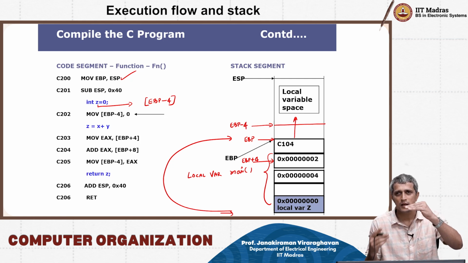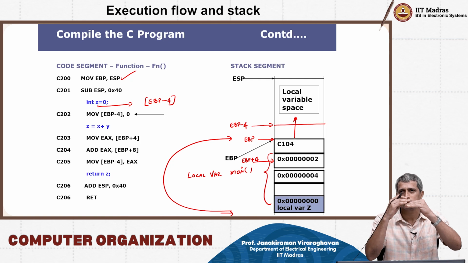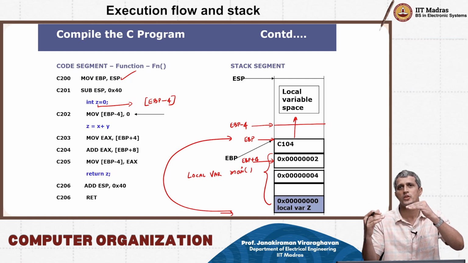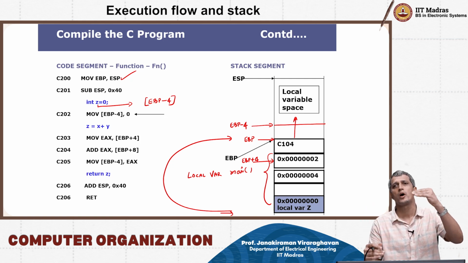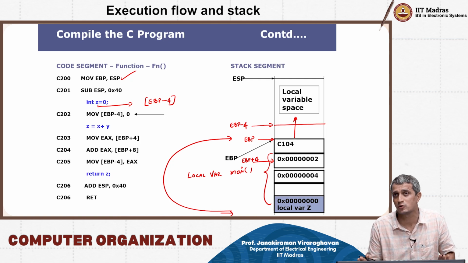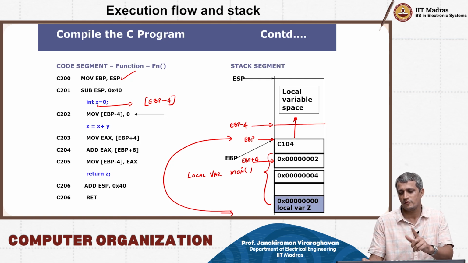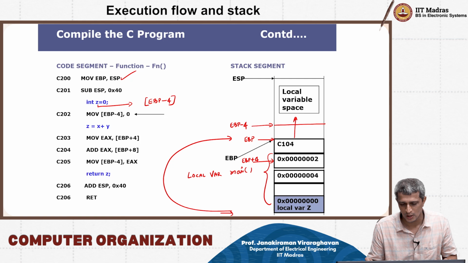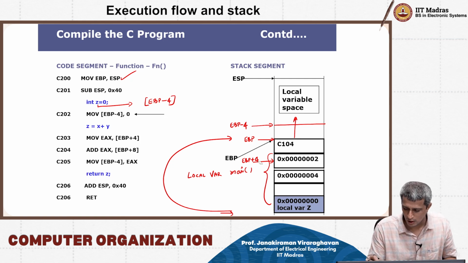So anything above on this picture is local variable. Anything below has to be a function parameter, if a function parameter was passed to this function. That's why we made this statement earlier. So therefore, again let me take off all this.